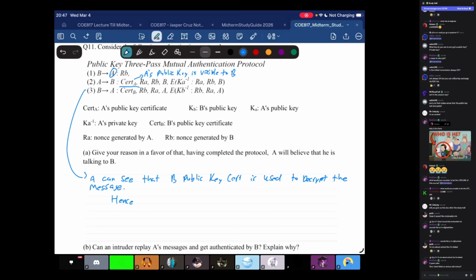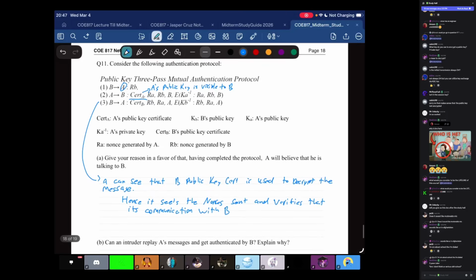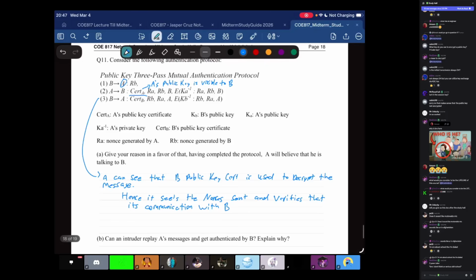Hence, it sees the nonces sent. This is what I'm guessing. Although it's different from the prof's answer, I'm thinking this is more valid based on the question.